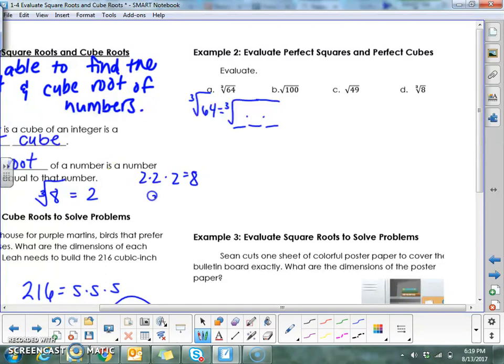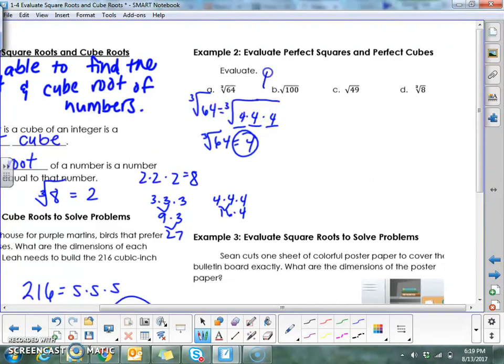So if I do 3 times 3 times 3, I end up with 27. That's still too low, so we're going to have to try maybe 4. So 4 times 4 times 4. That gives me 16 times 4, which is going to give me 64. So the cube root of 64 is going to be 4.